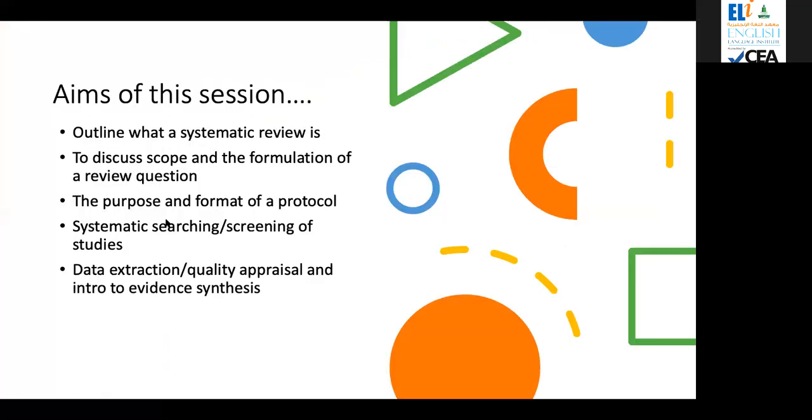So here, these are the aims of this particular session. What we'll be doing is outline. We'll see what a systematic literature review is, and this is the first thing we'll look into. And then we'll discuss the scope and the formulation of a review question. Now this is what makes something different about this systematic literature review. And we'll also look at the purpose and format of a protocol.